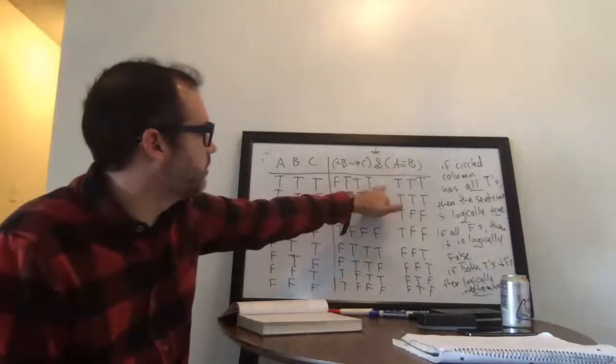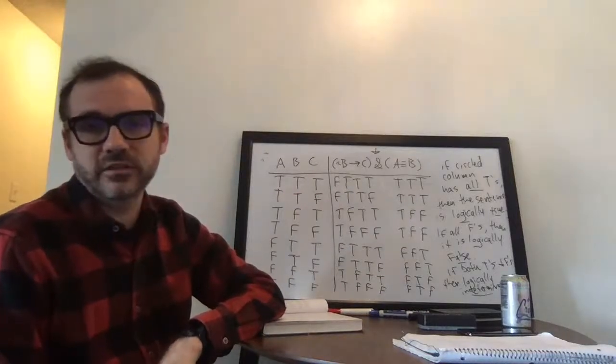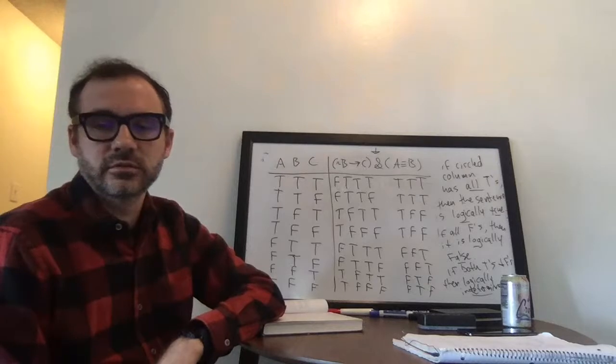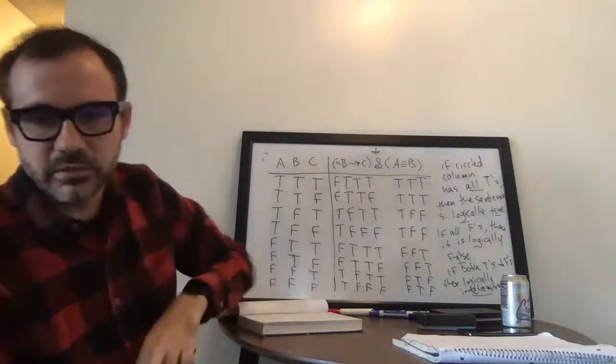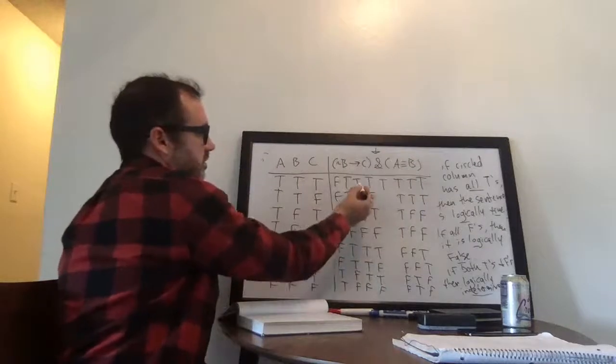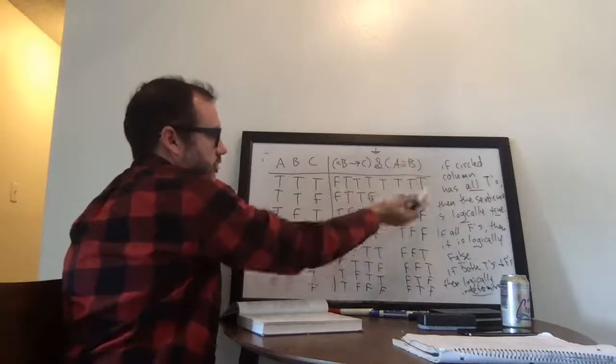So row 1. Tell me what goes underneath the ampersand of row 1. Is it a T or is it an F? Row 1, truth value for the ampersand. T, correct, Melanie and Lily. And that is simply because this and this, underneath the arrow and the triple bar, they're both T.